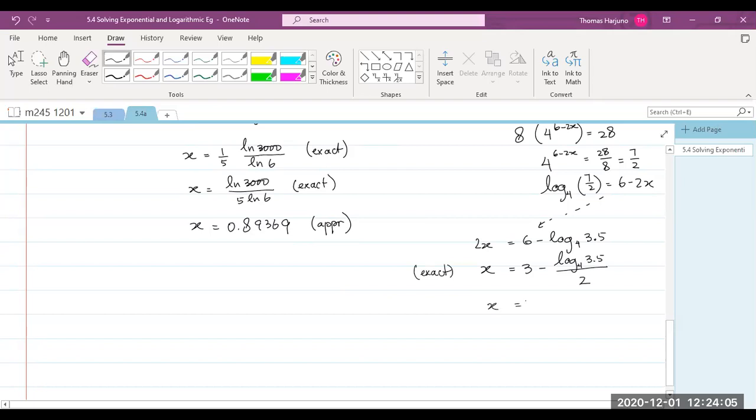Do change of base so that you can use a calculator. 3 minus log 3.5 over 2 times log 4. Then when you punch your calculator, learn to punch it right.